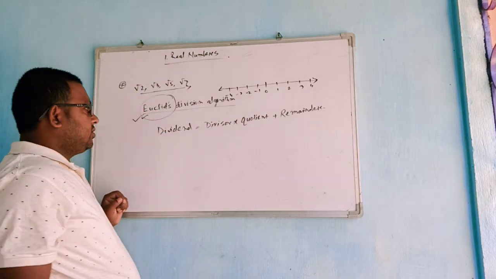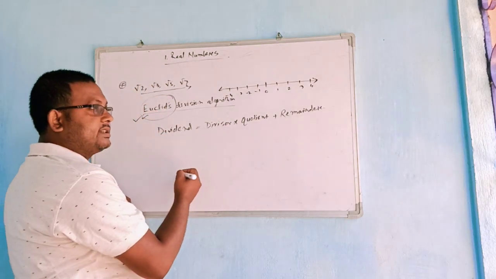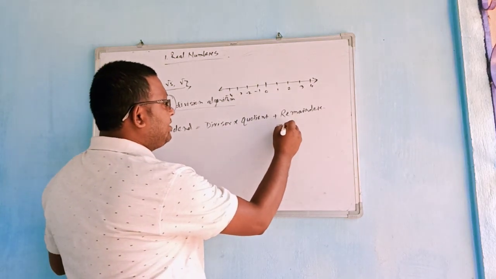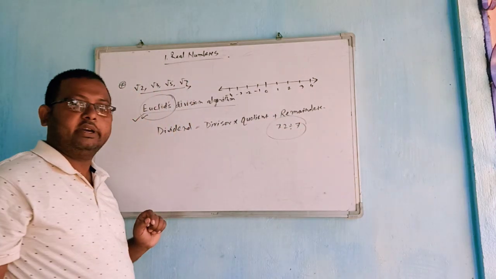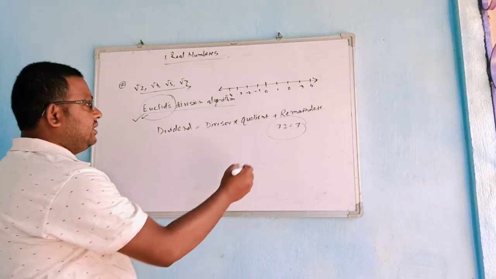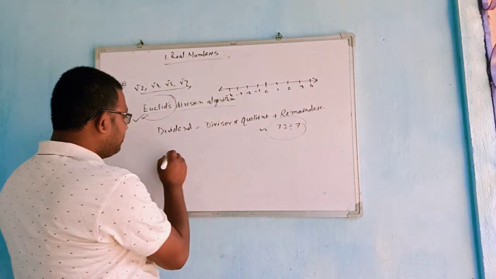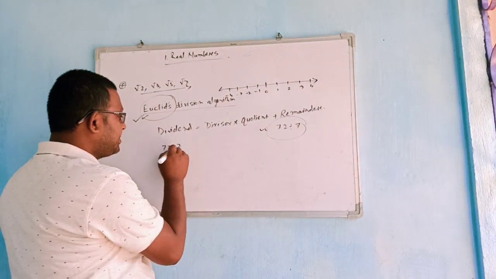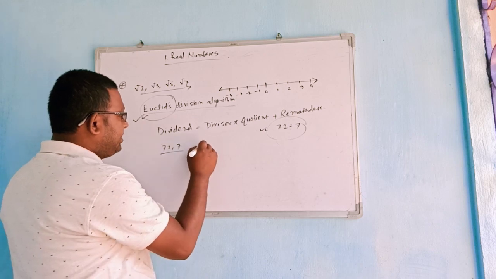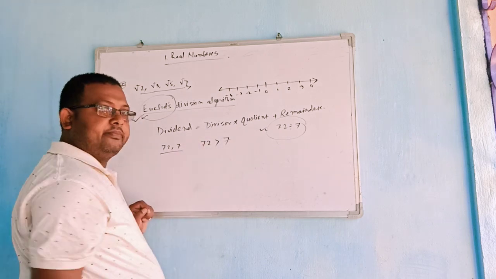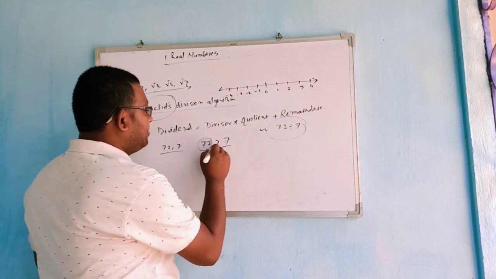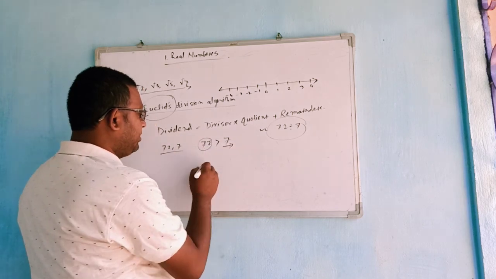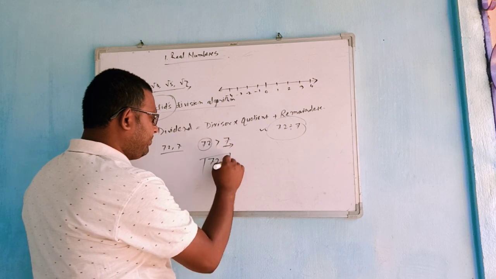In junior classes like 6 and 7 we have learned 72 divided by 7. Suppose one example, how can we divide it? Here there are two numbers, 72 and 7. 72 is greater than 7, so we can divide 72 by 7. 7 tens are 70, so it can be divided.